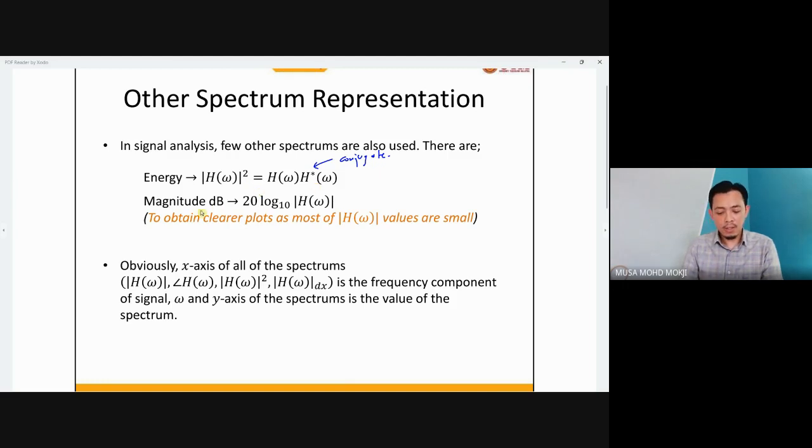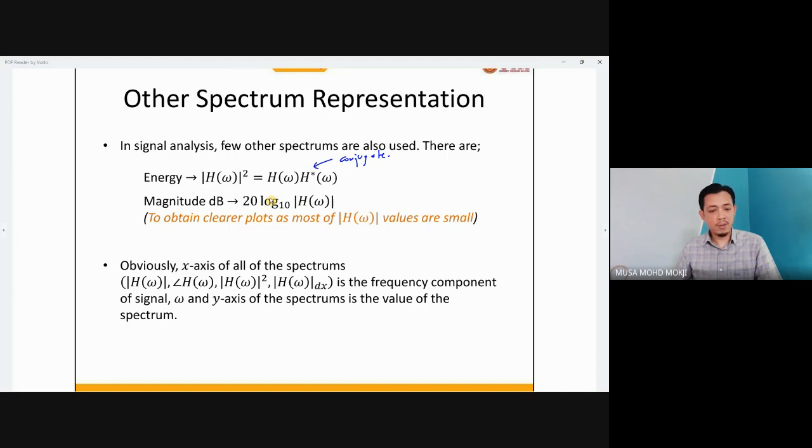The other one is magnitude in dB. Okay, so why do we do this? Why do we sometimes plot magnitude in dB? Even from your previous courses, including signals and systems and maybe control systems, you have seen a lot of dB plots.